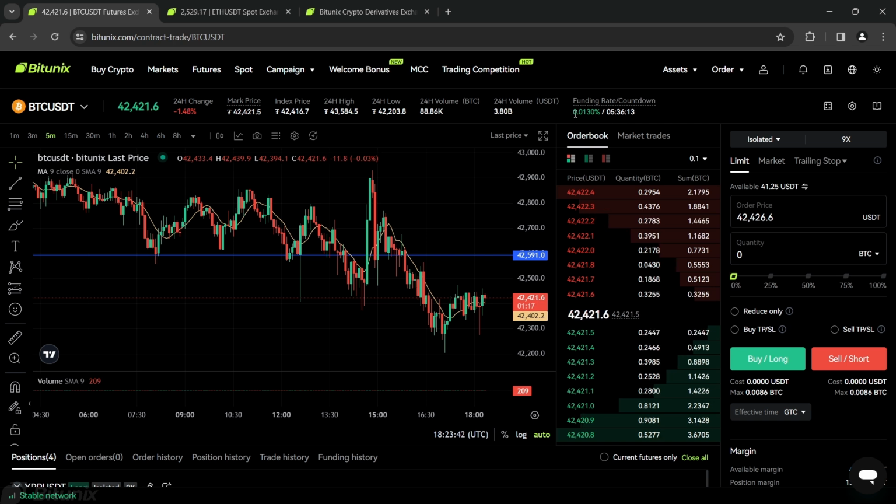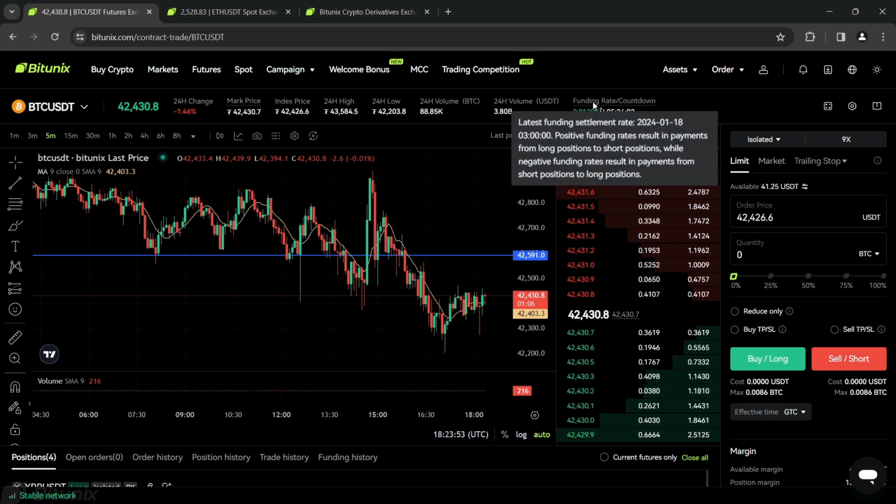In most cases, for most cryptos, they usually tend to be in the positives, but depending on the market conditions, if there's more shorts than longs, then the funding rate will actually turn negative. So if we go ahead and read again, positive funding rates result in payments from long positions to short positions, while negative funding rates result in payments from short positions to long positions.